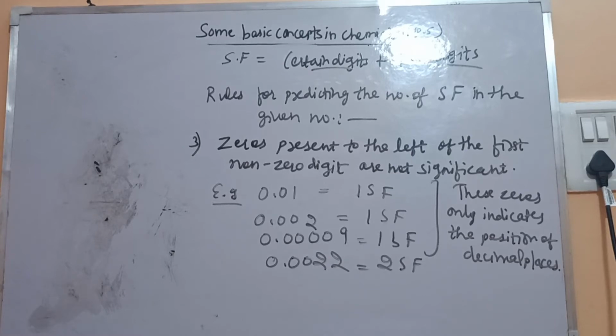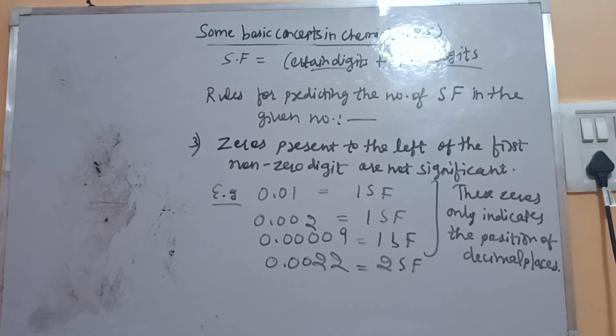Then zeros present to the left of the first non-zero digit are not significant, because they only represent the position of the decimal places. We'll see the next rule now: the zeros present to the right of the decimal places are significant. Let's see why.